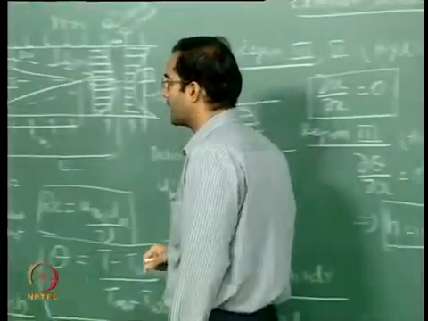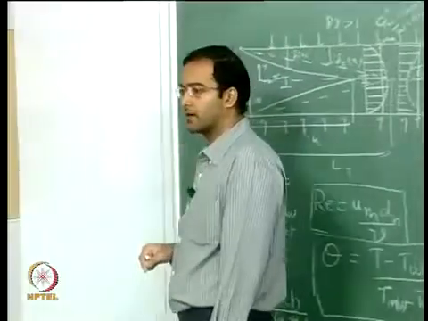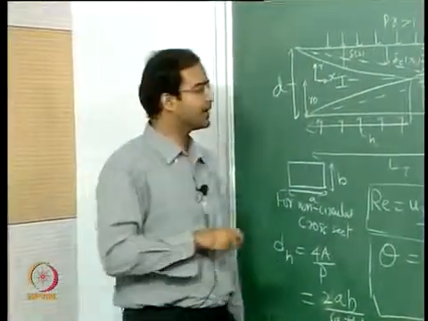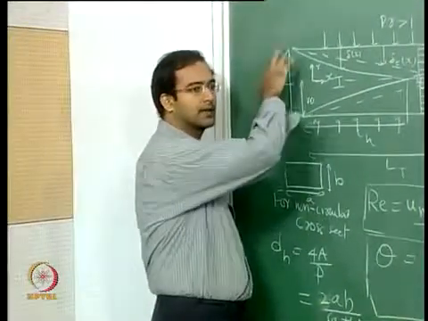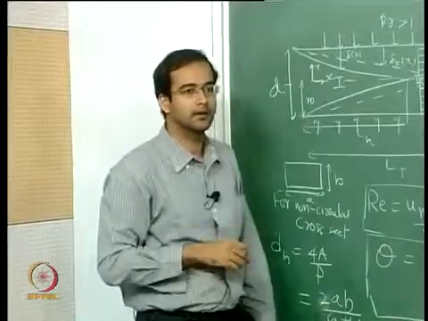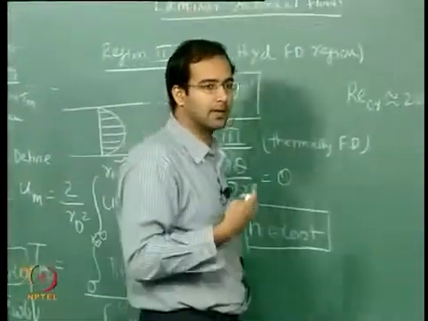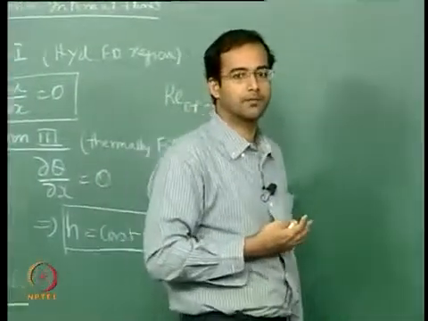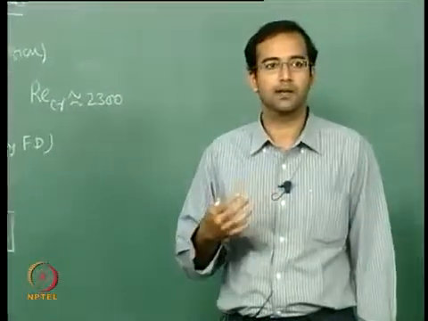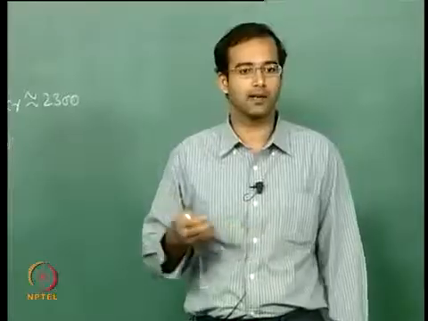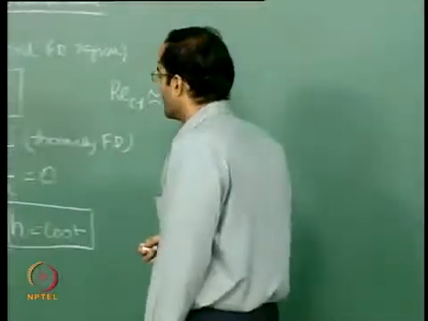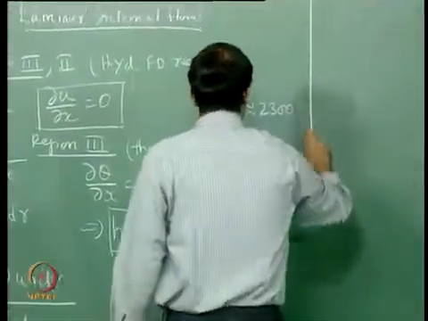In cases where you maintain a very uniform streamlined profile, your turbulent intensities are very low at the inlet and your valve is extremely smooth, you can delay the transition to turbulence to as high as 8,000 or sometimes even 10,000. Experimentally it has been shown that you can delay the transition, but this is a generic thumb rule.